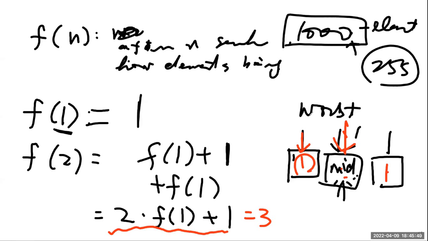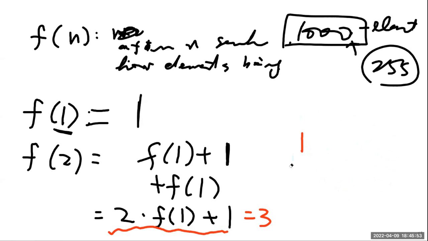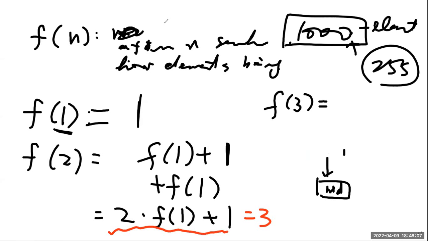Here I'm teaching you, not really testing you, so don't worry. Now the next one: we try to find elements with three tests. The first test, you check the middle value, so you spend one search. Now you still have two searches left.